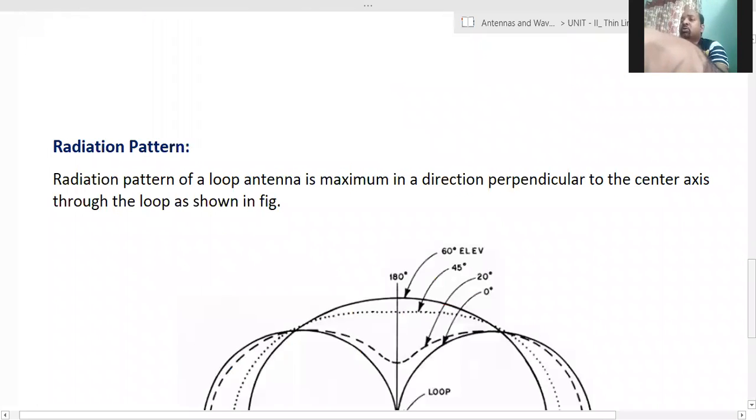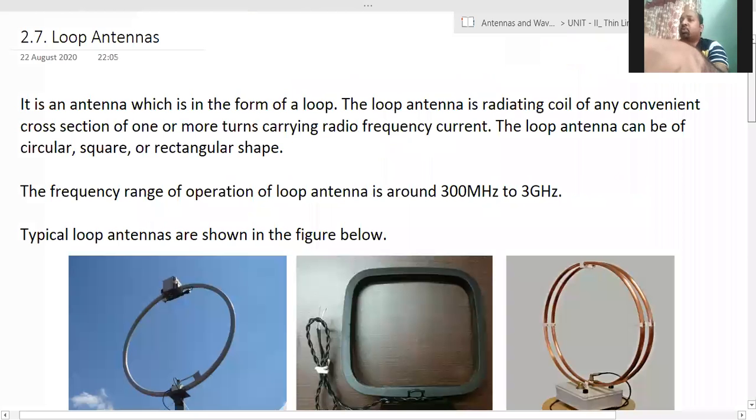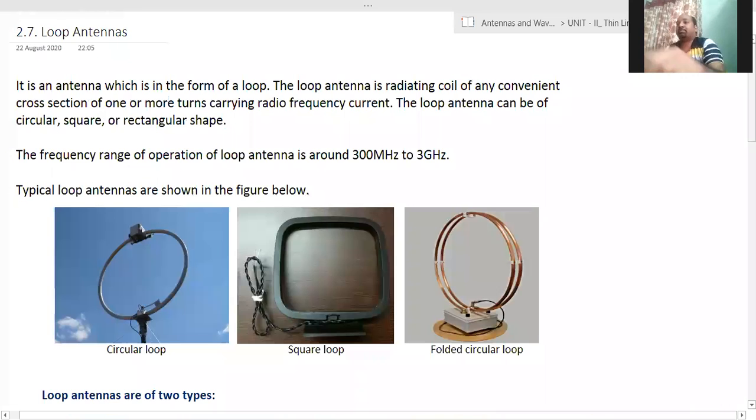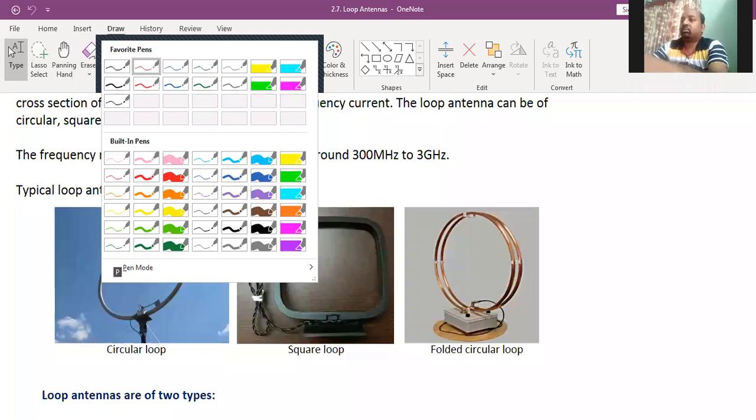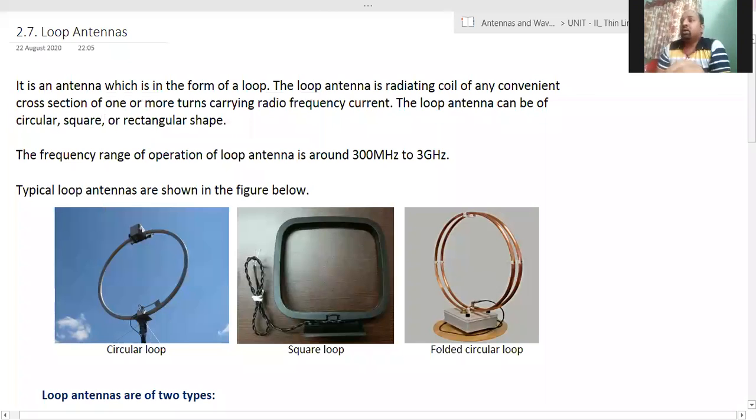And coming to the next important topic, the loop antenna. We have discussed the thin linear wire antennas so far. What are those?